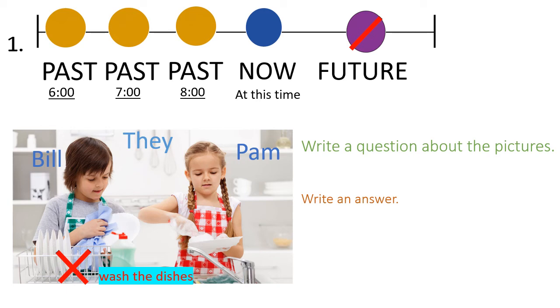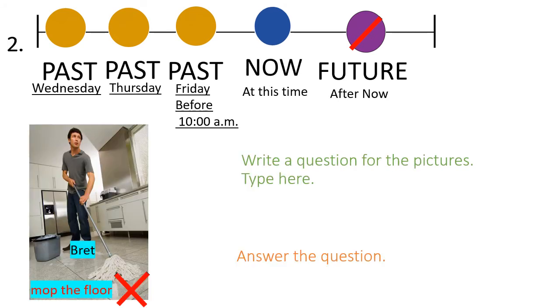It means no. Okay? So I want you to try to answer a question from the past until now with no. Here's another example. So we have a picture, and you'll answer the question with no because you see a red X next to the action.